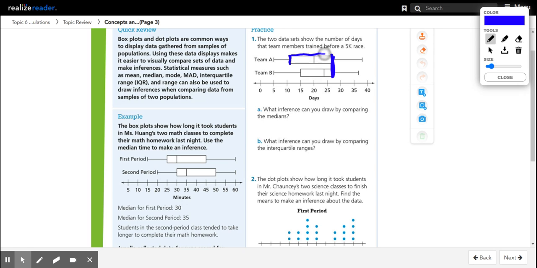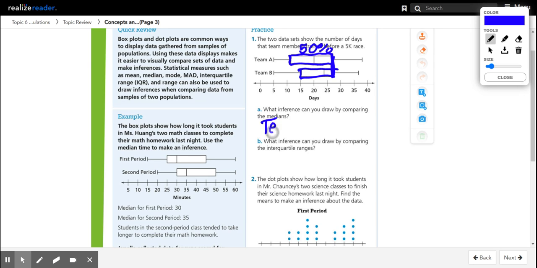This box shows 50% of the data, the inner 50% of the data. So I can say that Team B consistently trained for more days, or I could say the reverse, that Team A has less consistency or more spread out data.